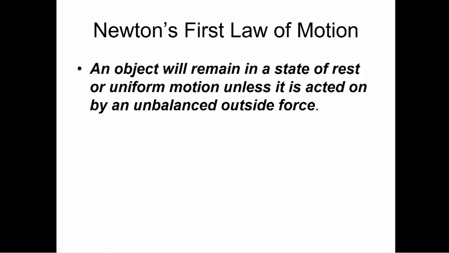So they have to be unbalanced in order to take it out of uniform motion. You need to trust this law if you're driving in the wintertime. Trust that your car will keep moving in a state of uniform motion unless you have friction between your tires and the road to stop your car. So don't test Newton's first law on an icy road, because the first law is going to win.